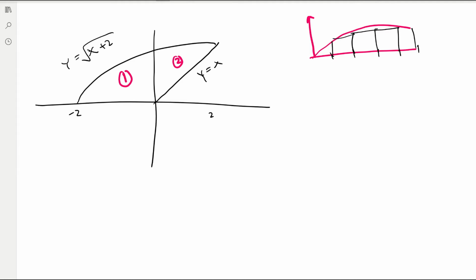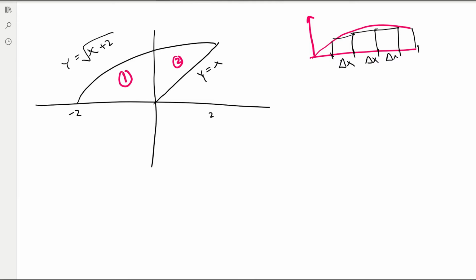That's how we try to derive the definition of the definite integral. The basic idea is we use the x-axis, we call the width delta x, and we set up the rectangles vertically.